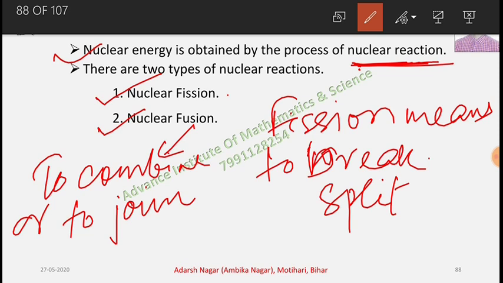And in the first one, nuclear fission, a heavy nucleus is split into smaller nuclei, and during that time it releases lots of energy, and that energy is utilized by us for various purposes. How nuclear fission and nuclear fusion take place, we will see in this video.